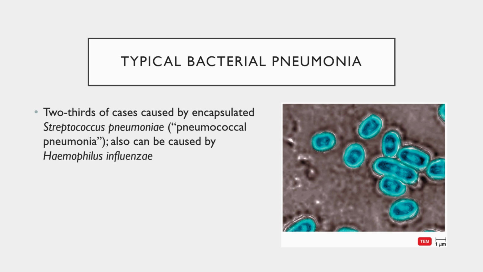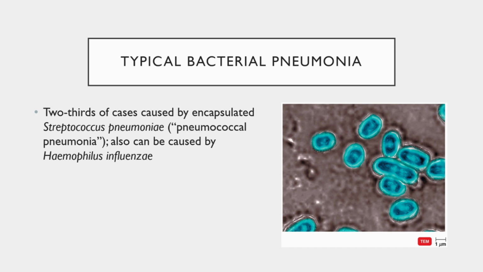We will also discuss atypical bacterial causes of pneumonia in just a few slides, but as far as typical causes, there is one pathogen that stands out among typical causes of bacterial pneumonia. 2/3 of cases are caused by encapsulated Streptococcus pneumoniae, and these cases are referred to as pneumococcal pneumonia.